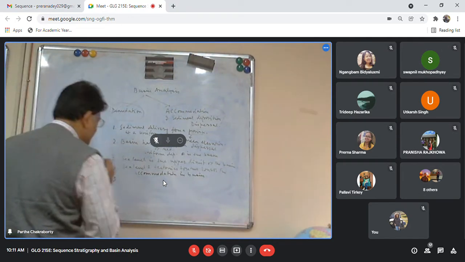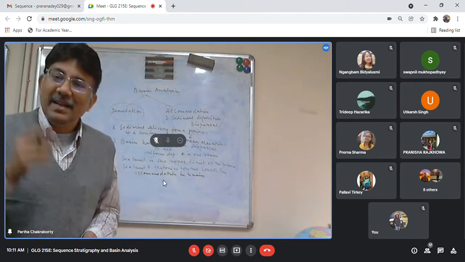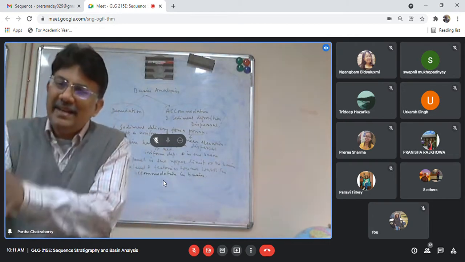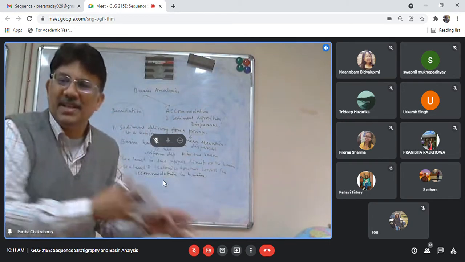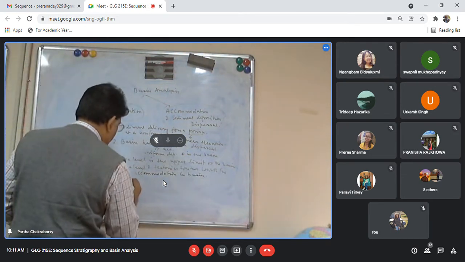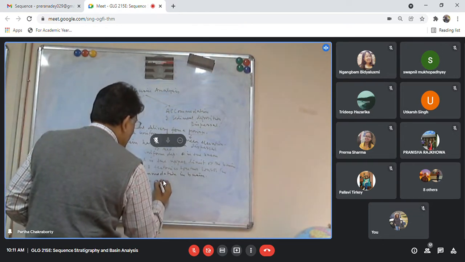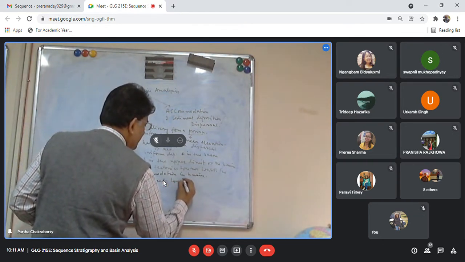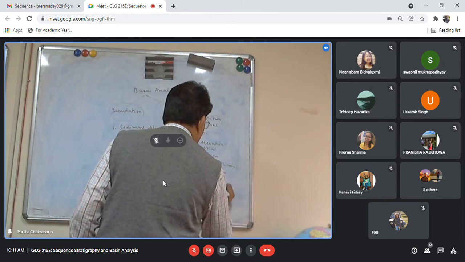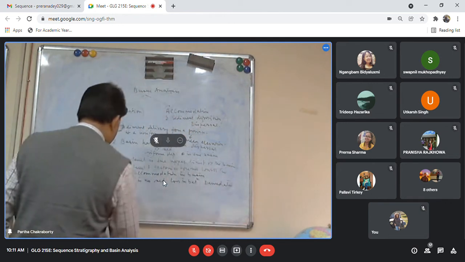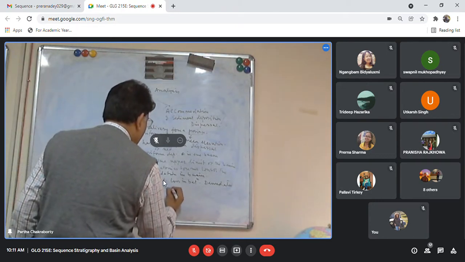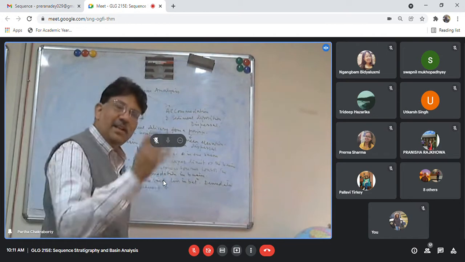Number five: the sediment which is available by denudation is entirely distributed in the basin. There is no sediment loss in between. The denudated mass is balanced by the sediment deposited in the basin.